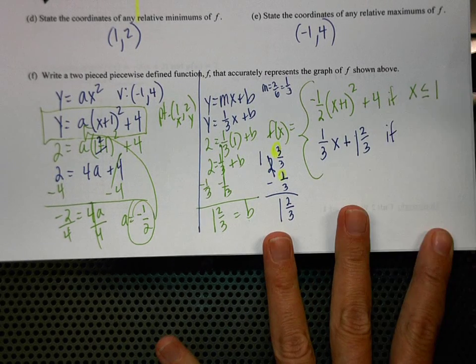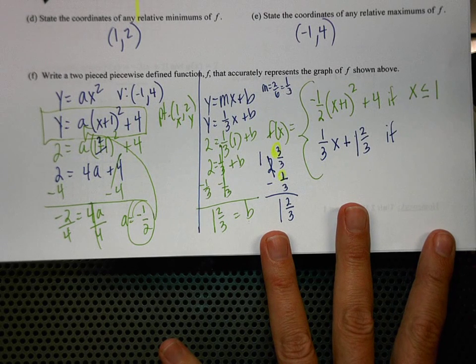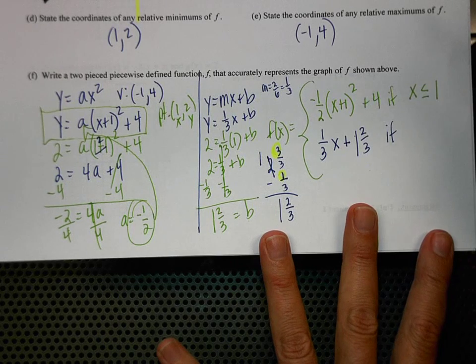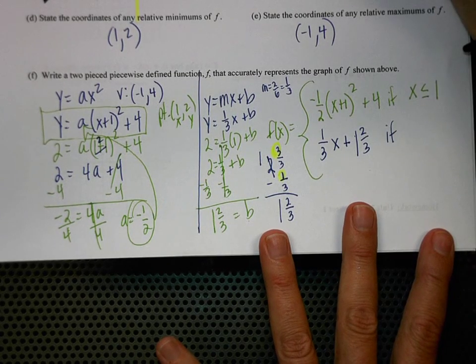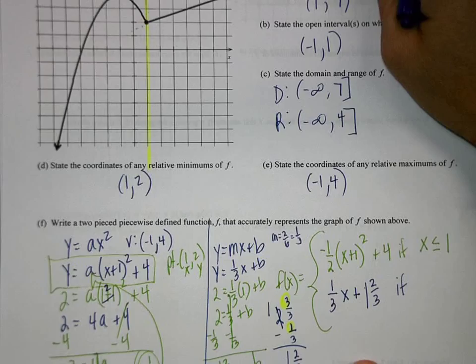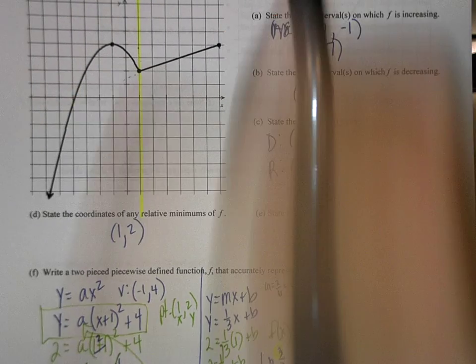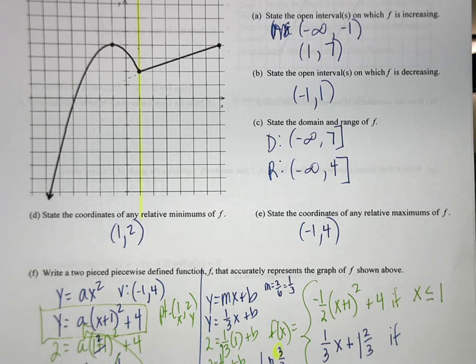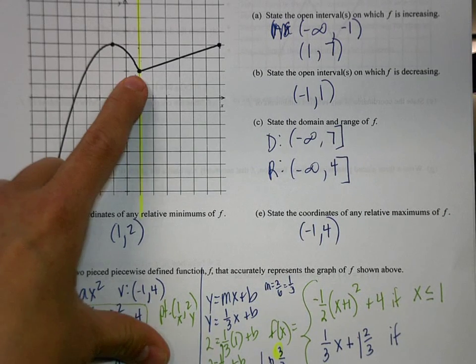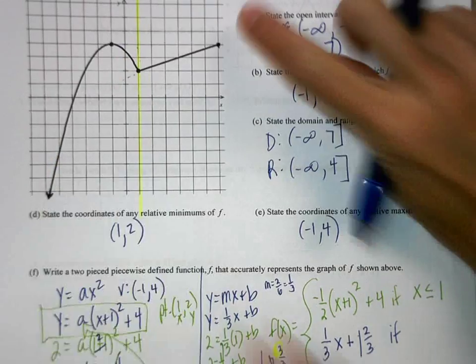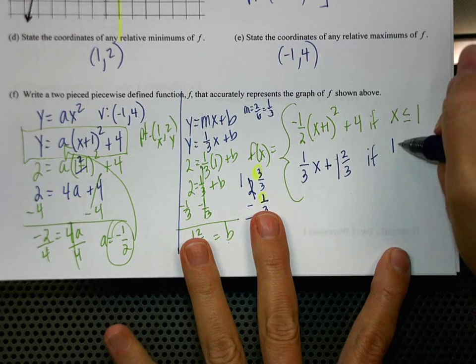And then what would we put there for my domain values? Do you see here how there's an endpoint on this graph? Whenever there's an endpoint, you have to do it where you have the 2 numbers with the x in the middle. So the smallest value on this part of the function is what? 1. And so I'm going to go 1 is less than x.